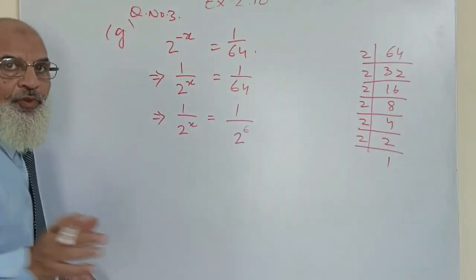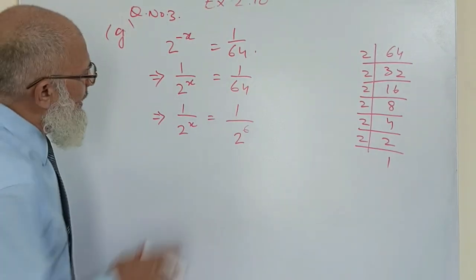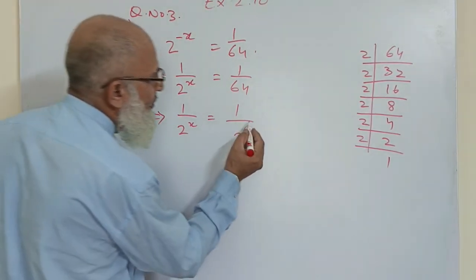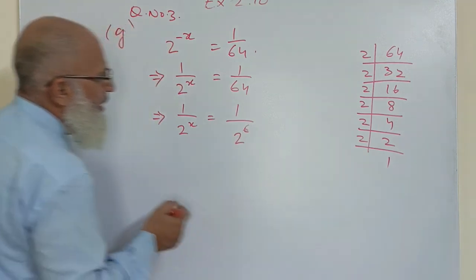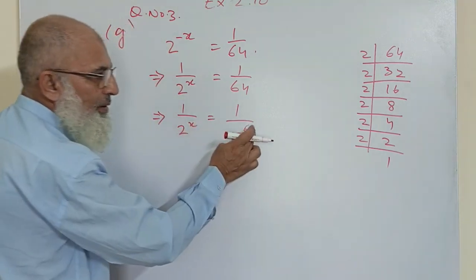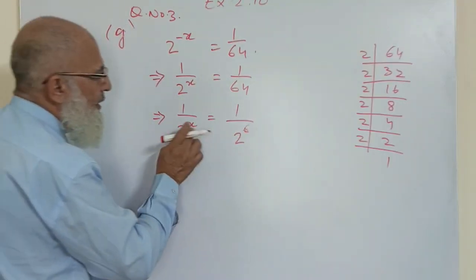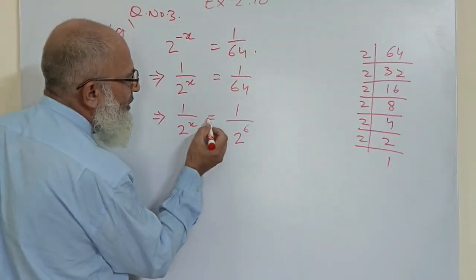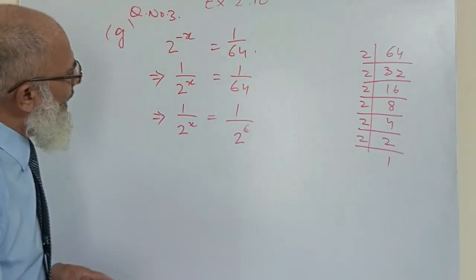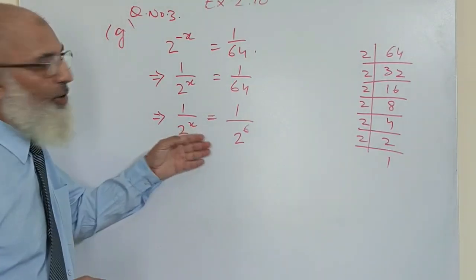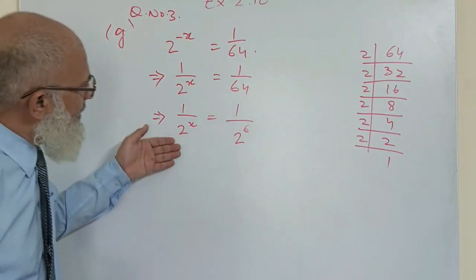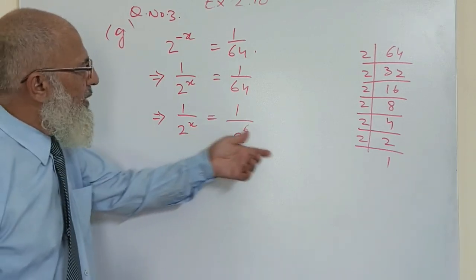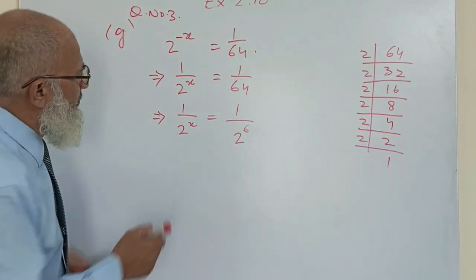Now my dear, there is a formula or a law. When the bases are the same and there is an equal sign between the two sides, then ultimately the powers are the same.